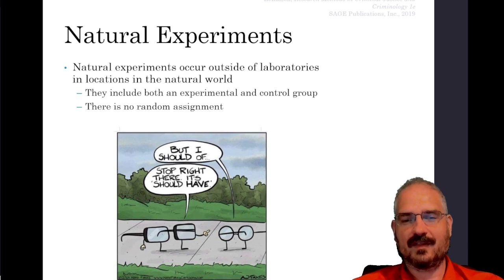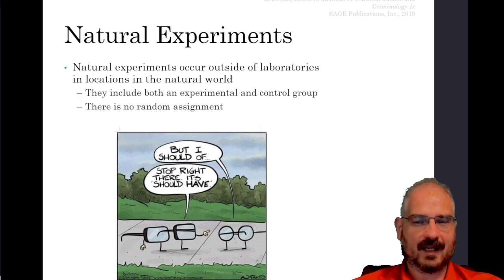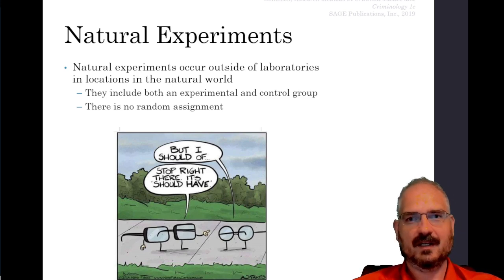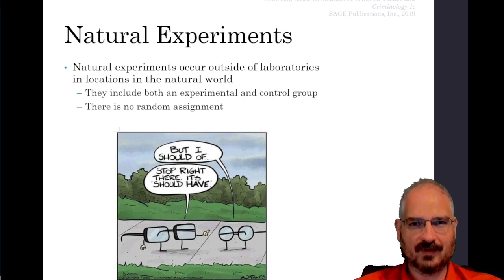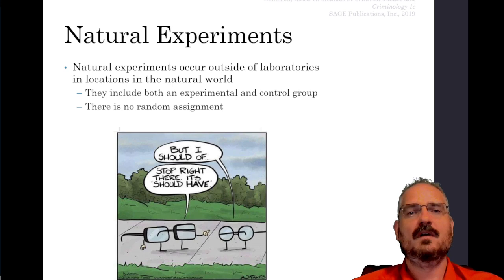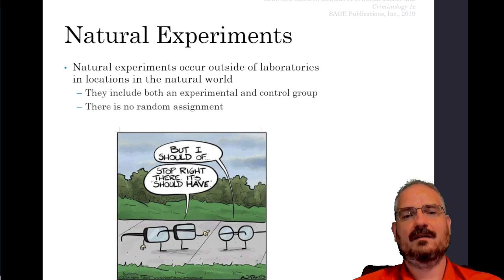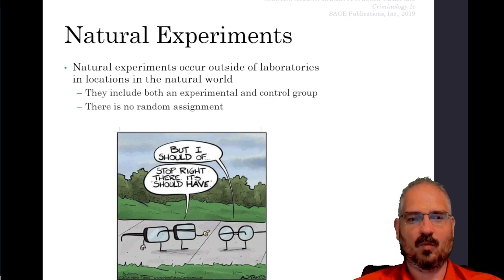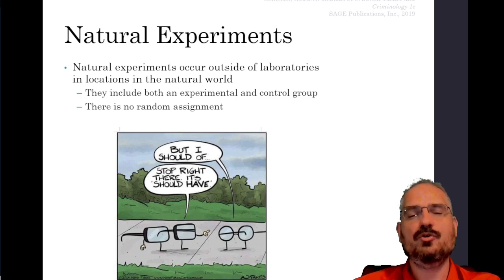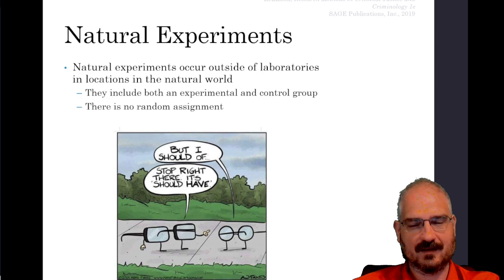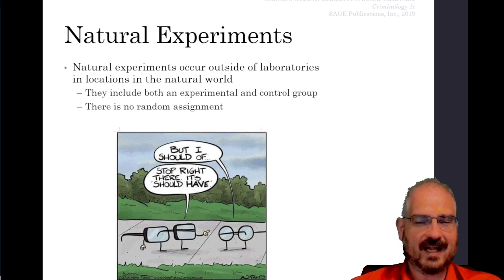So that control group there gives us a little bit of a counterfactual, because if previously these two schools had been very similar, if one changes and the other doesn't, it's probably due to the one thing that really changed, in this example, getting a new principal, right? But natural experiments happen when it's not a researcher's idea to introduce that treatment. It's just something that happened in the normal course of everyday life, right?